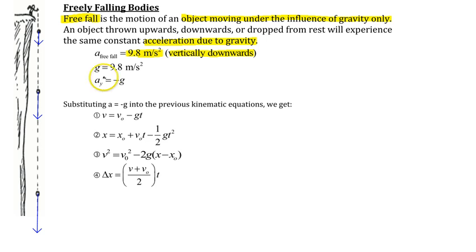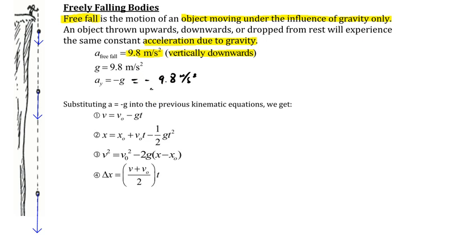We represent that acceleration a in the vertical direction y with a negative 9.8 meters per second squared. Often, instead of using 9.8 meters per second squared, we represent that value of 9.8 with g. That's the symbol of the acceleration due to gravity.